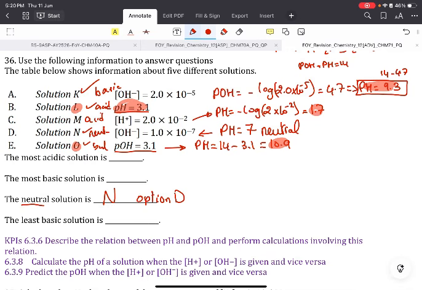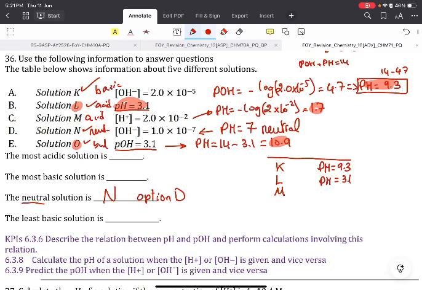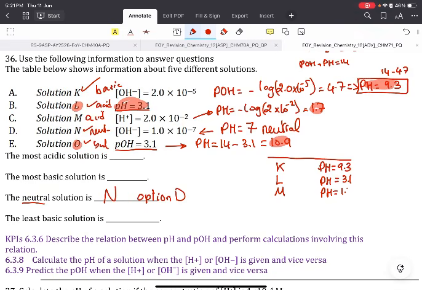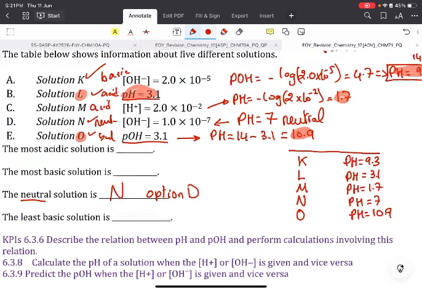So let me just put them here. K pH is 9.3. L pH is 3.1. M, solution M, pH is 1.7. Solution N, it's neutral. And solution O, the pH is 10.9.